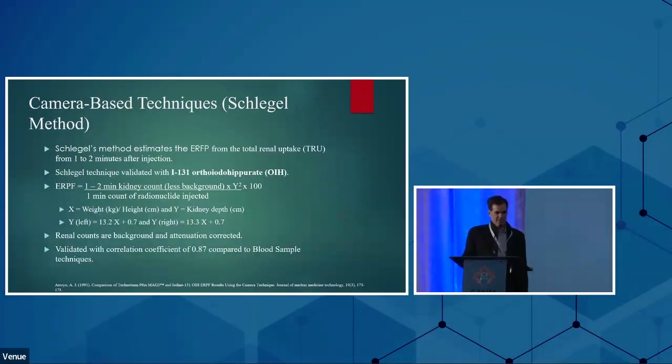The camera-based method that was produced by Schlegel has been validated for orthoiodohippurate, and it has a fair correlation coefficient compared to the blood sample technique, at 0.87, and that is based on determining the renal activity between 1 and 2 minutes, corrected for the 1 minute count of radionuclide injected.